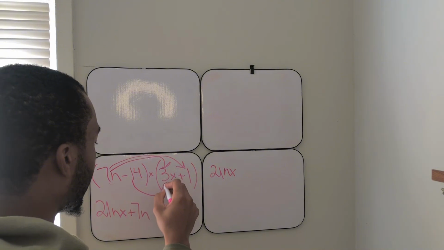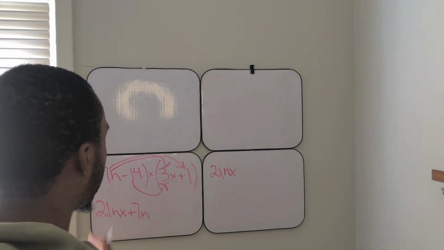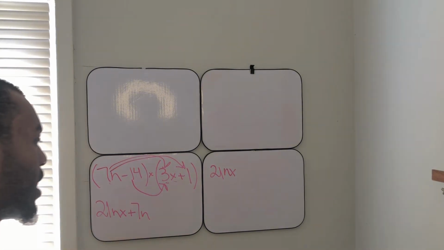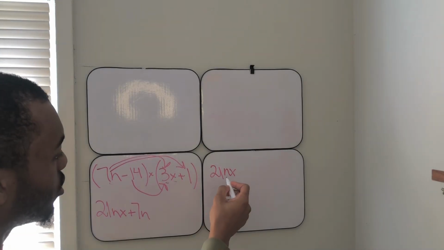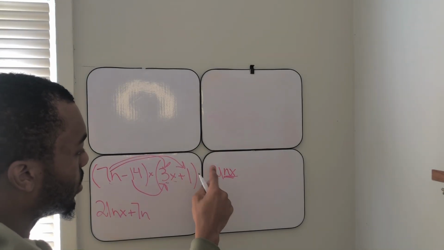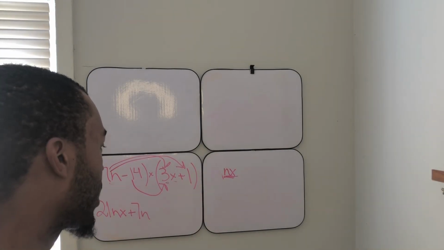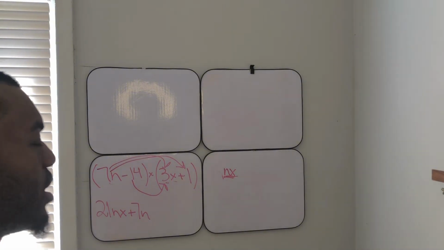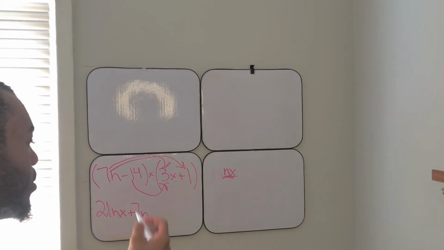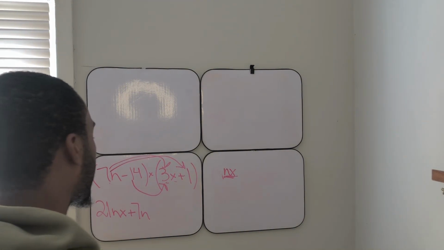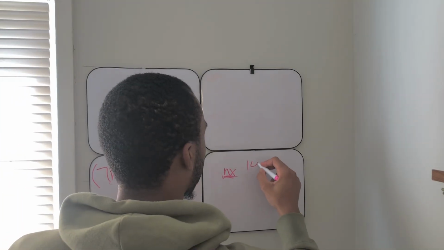Now we multiply negative 14 times 3x. We kind of got to pull the same little situation like what we did with this n and this x right here. They don't necessarily got no terms in common, but we can multiply negative 14 times 3. What's that?